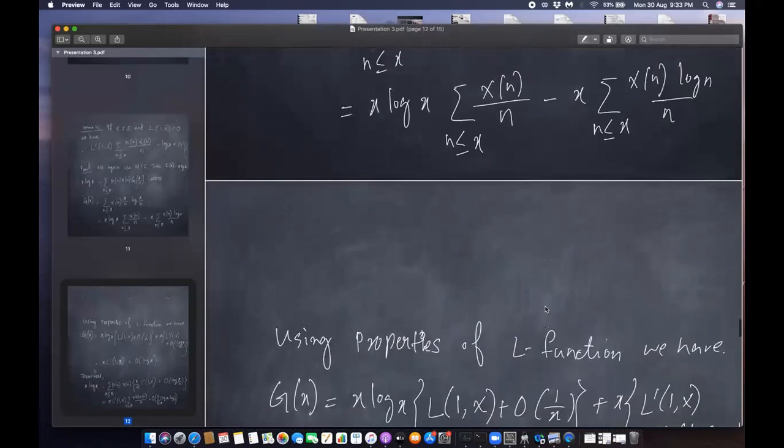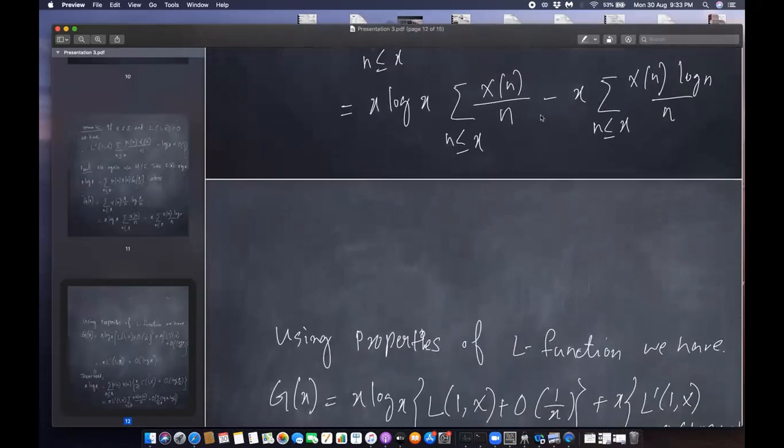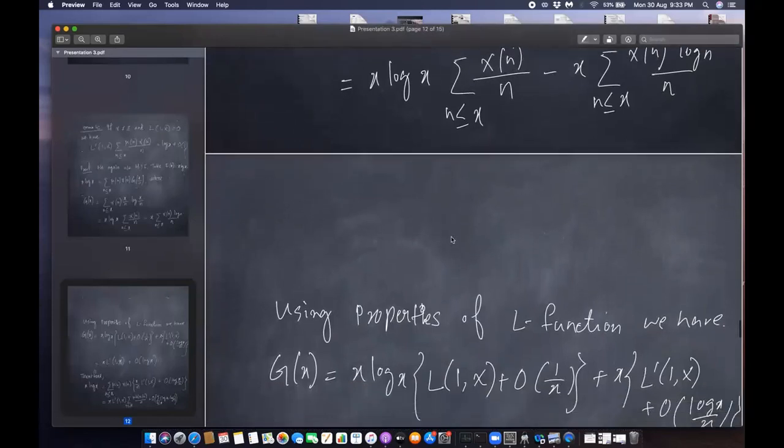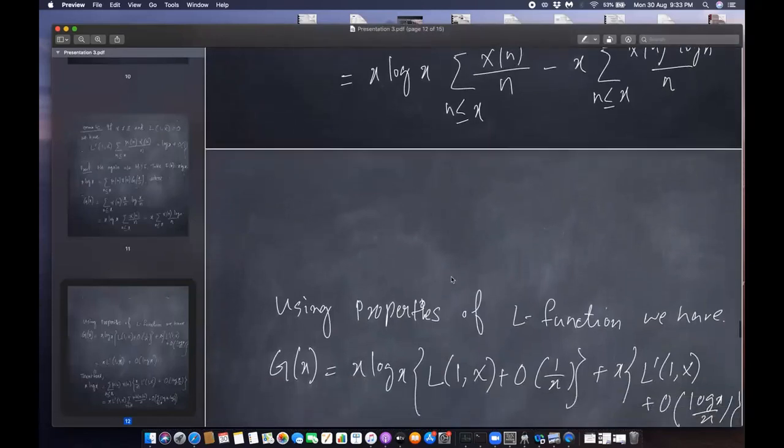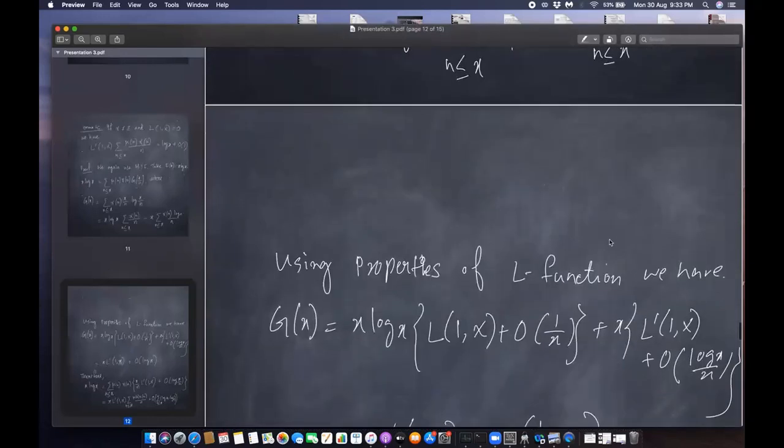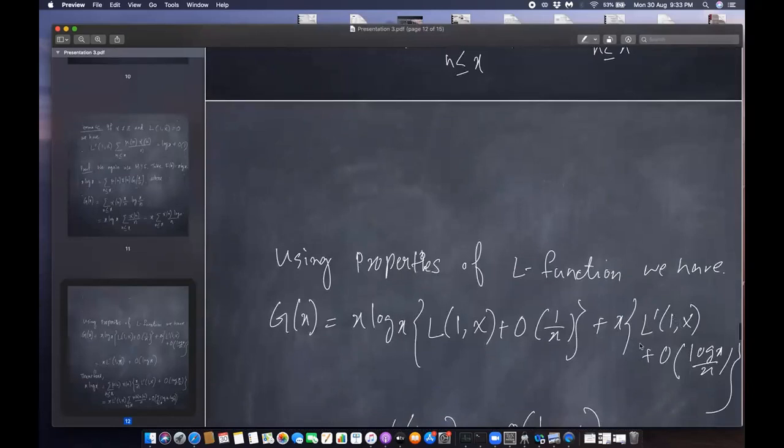Then if we use the property of the L function, we can replace this sum by L of 1 comma chi and big O of 1 over x. You can replace this by this, and we can replace this by L prime of 1 chi, right?